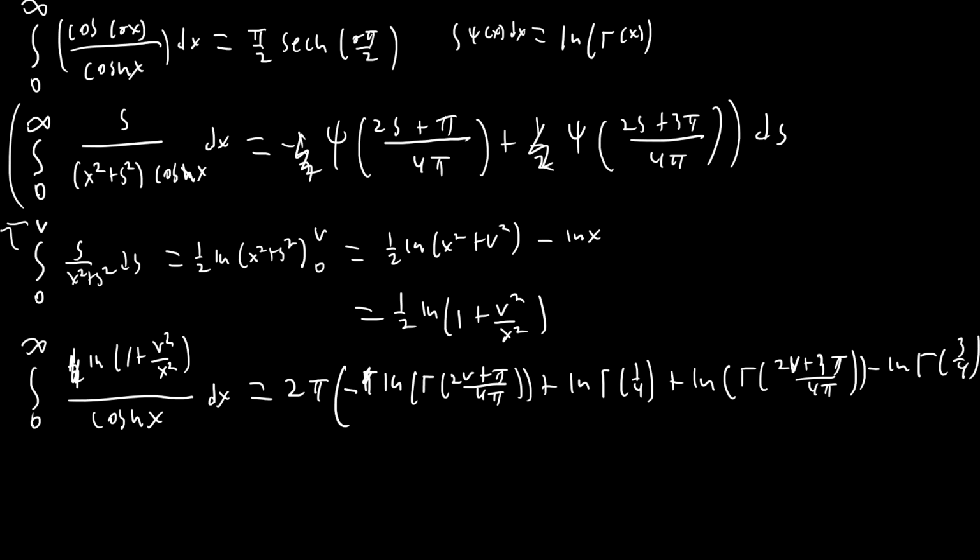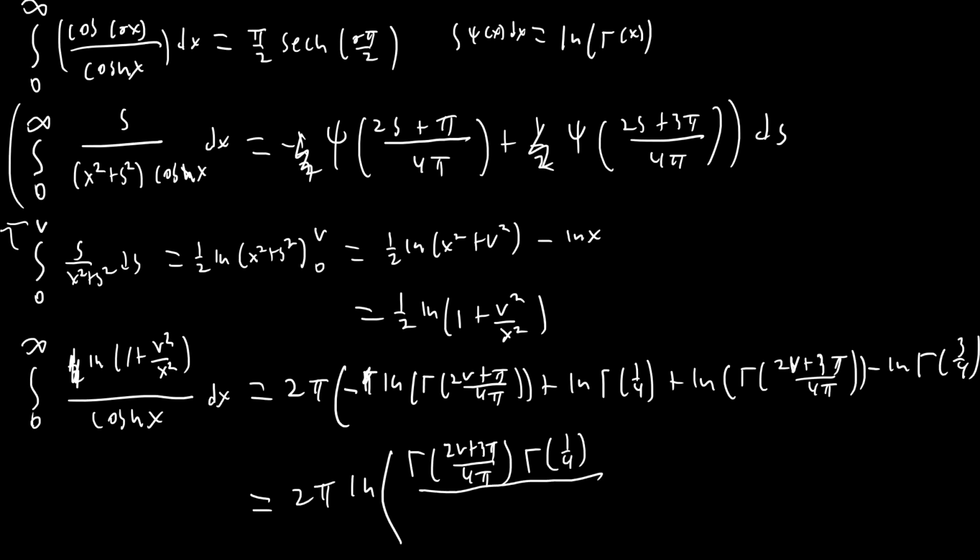And overall this looks pretty daunting, but we can just combine it all into one big natural log, and we have our result that we had just shown at the beginning, which is 2 pi times the natural log of gamma of (2v plus 3 pi) over 4 pi times gamma of 1/4, over gamma of (2v plus pi) over 4 pi times gamma of 3/4.